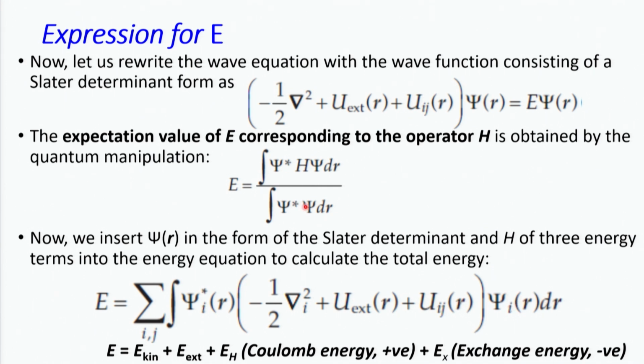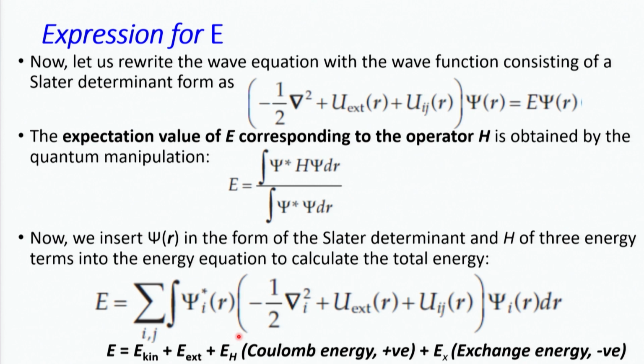Of course, if the wave function is normalized, then the denominator term should become 1. So we get the total energy equal to the kinetic energy, external energy, plus Coulomb energy, and also the exchange energy coming from the quantum nature of it.